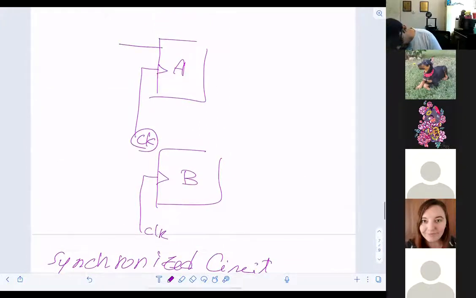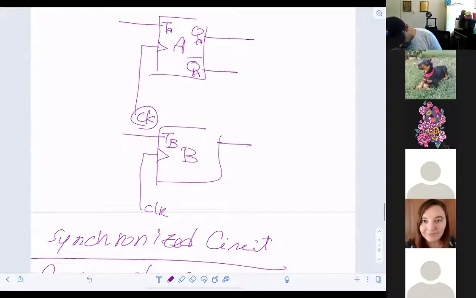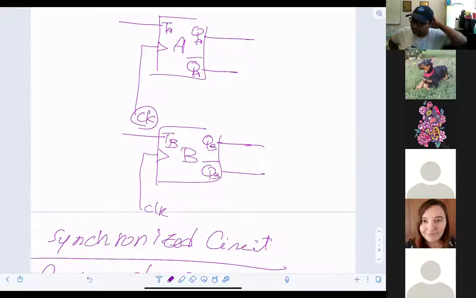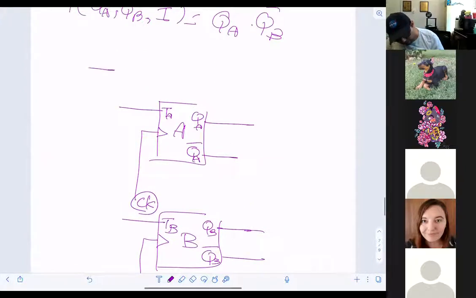So I know that actually it's called here TA, and this is called TB, and this is called QA, and this is QA complement, while this is called QB, and this is called QB complement. You guys agree? Make sense? Now we have an extra wire here called I as an input, and we have a wire here as output.